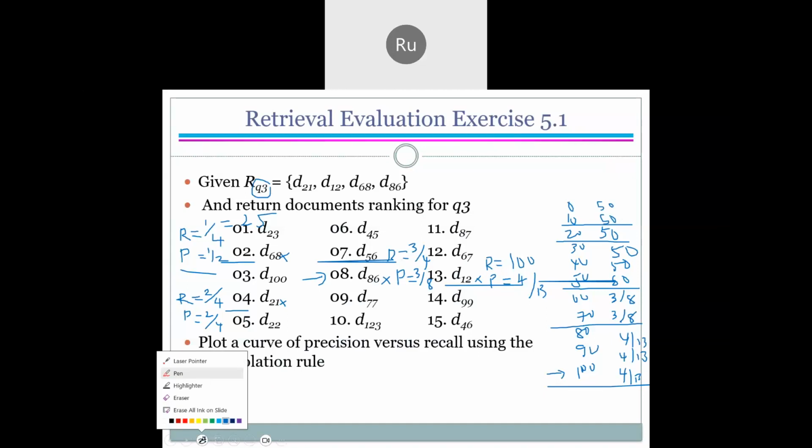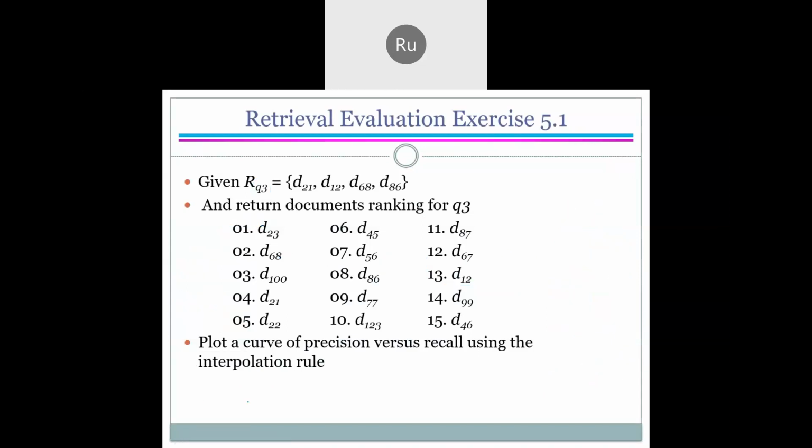Let me erase this one. We know that when we compute the recall and precision, we are looking at the relevant documents only, right? So for the single value summary, normally we are looking at whichever position that we have.